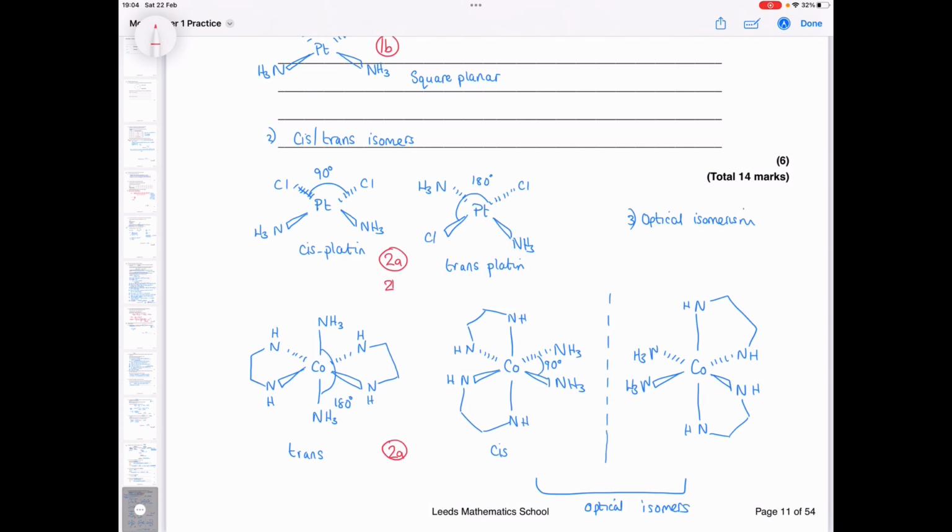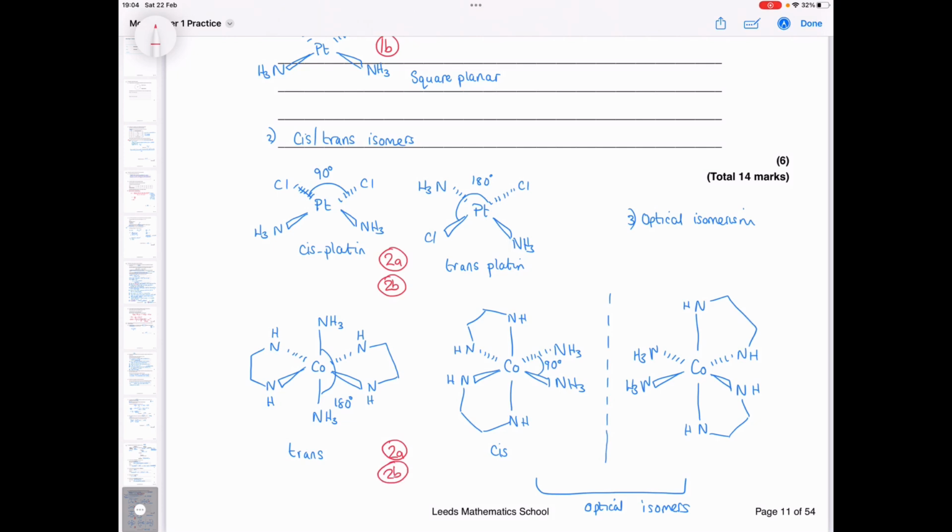So that's 2B. And 2C was diagrams showing cis and trans isomers in both isomers of octahedral complexes, e.g. draw cis and trans. So we've got that one here. So we've got 2A and 2B.